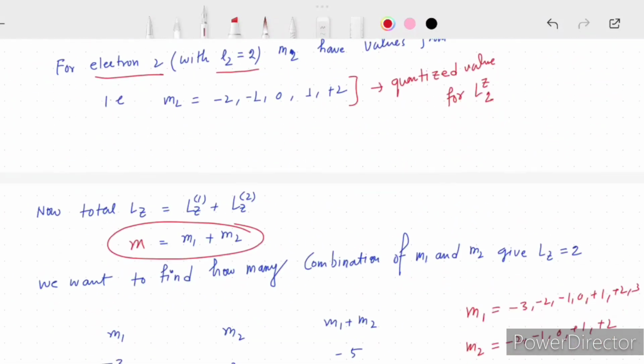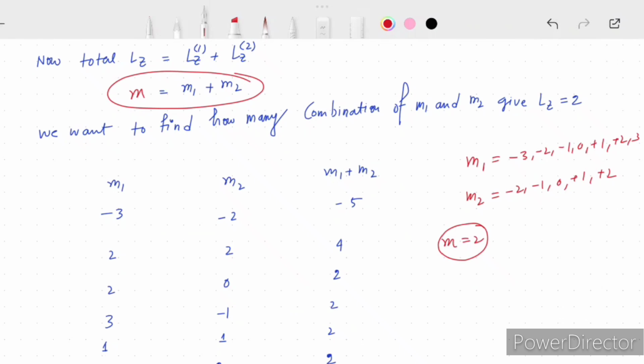Here we get the combinations: when M1 equals 2, M2 equals 0, we get 2. When M1 equals 3 and M2 equals -1, we get 2. When M1 equals 1 and M2 equals 1, we get M1 plus M2 equals 2. Again, M1 equals 0 and M2 equals 2, we get 2.